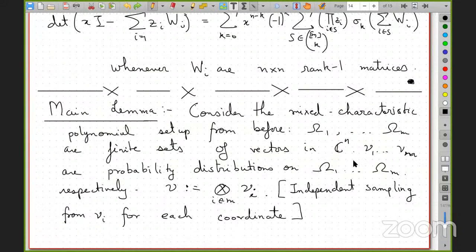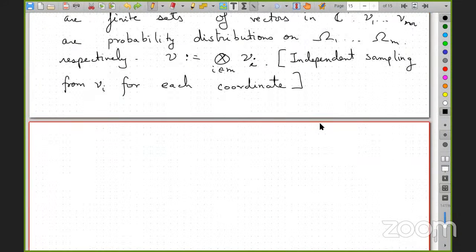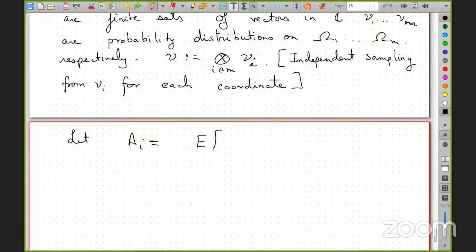So then let A_i be the expectation of v_i v_i dagger, when v_i is sampled according to mu. So this is the definition.